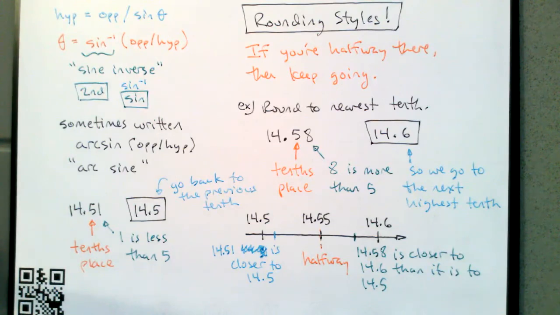I want to make sure that we cover this because some of the quizzes require that you round to a specified place. So I say round to the nearest tenth. We've got to make sure our rounding is on point because I'm asking you about rounding. That makes it part of the problem. And if your calculator is telling you 14.58, the nearest tenth is 14.6. 14.5 is farther from 14.58 than 14.6 is. So I'm entering 14.6 as the correct answer, and 14.5 gets marked wrong.